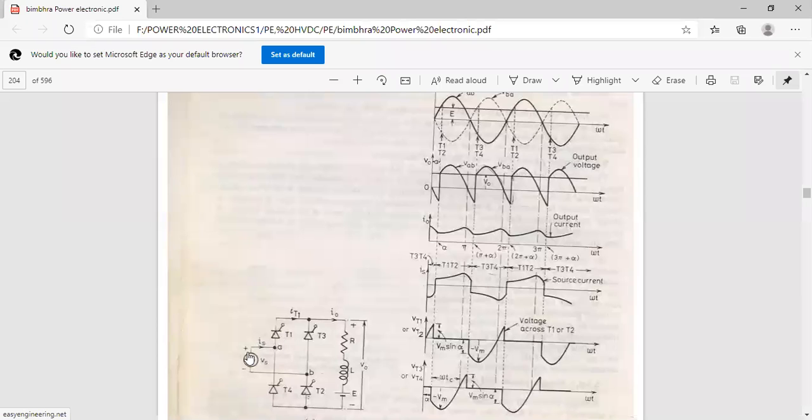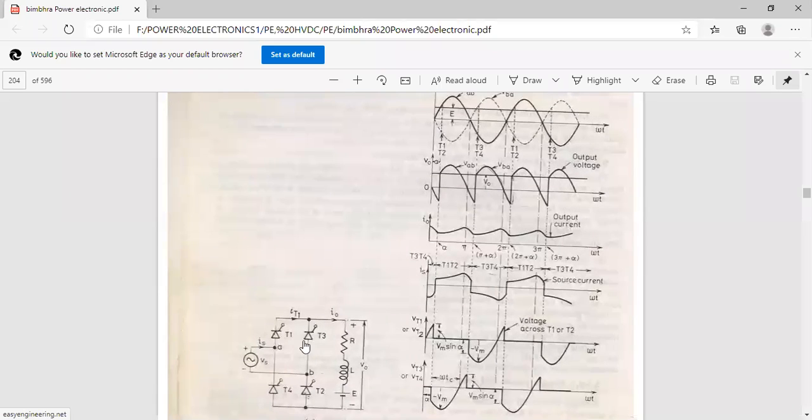See, during the positive cycle, this is plus, minus. Current is flowing through T1, load, T2 like this. Now when T3, T4 are on, this polarity is changed. Now current is downward. In the input, current direction is changed. When T1, T2 are on, current is in the upward direction. When T3, T4 are on, current is in the downward direction in the source.